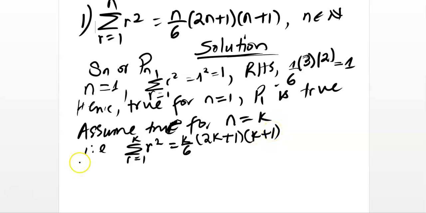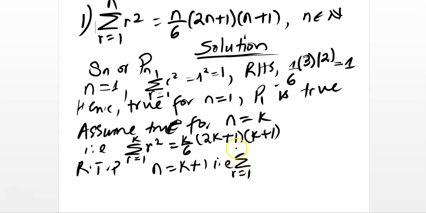Now we are required to prove that it is true for n is equal to k plus 1. That is, we should have an answer of the form: the sum from r is equal to 1 to k plus 1 of r squared equals k plus 1 over 6 into 2 into k plus 1, which is 2k plus 2, plus 3, then k plus 2. That is the result that we are required to prove.